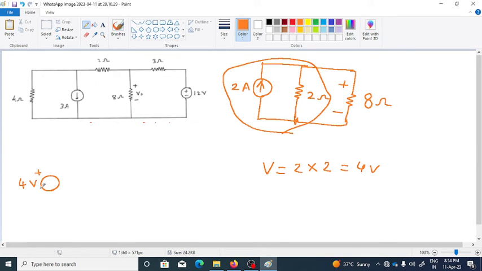Again the polarity is this, right? What about the resistor? The resistance of 2 ohm, which was in parallel with the current source, as we have transformed this current source into a voltage source, this resistance should be shown in series now. So now this is a 2 ohm resistance.